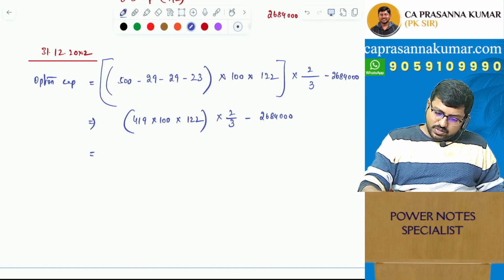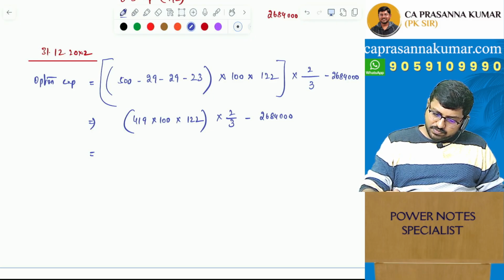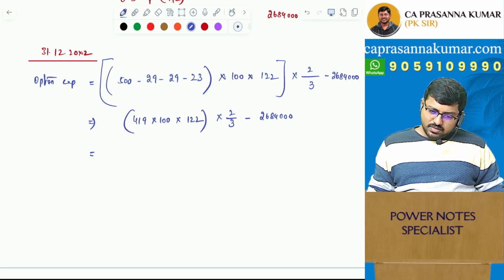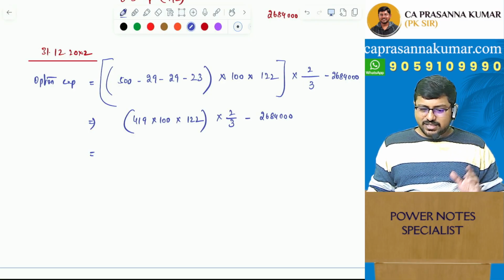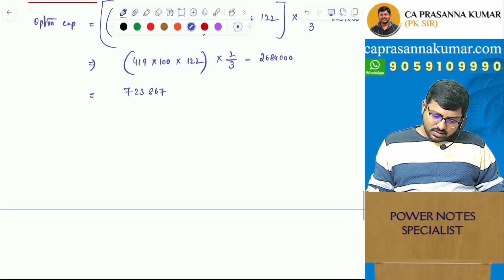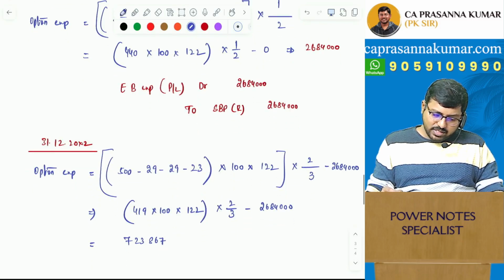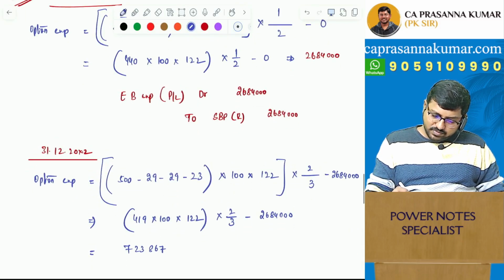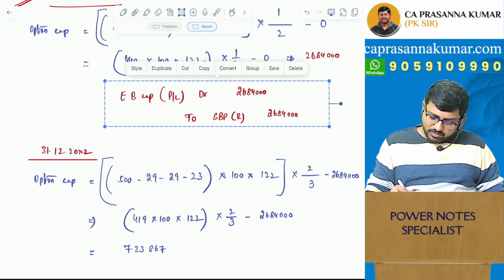Right, 419 into 100 into 122 into 2 divided by 3 minus 26,84,000 gives 7,23,866.666, so 7,23,867. All right. So what will be your entry? Same entry. Entry will not change. Let's copy paste. Only the number will change.